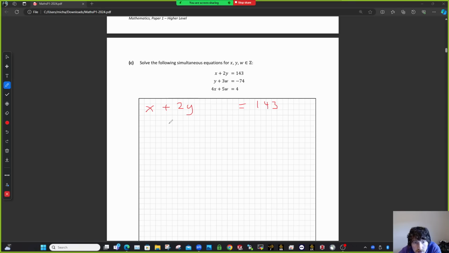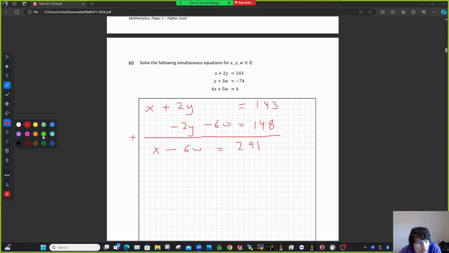Multiplying this one by minus 2, it becomes minus 2y, minus 6w equals, multiplied by minus 2, 148 now. You draw a line underneath them, plus symbol to tell the examiner you're adding them, and you get x minus 6w equals 291. Okay, so that's a new equation now.